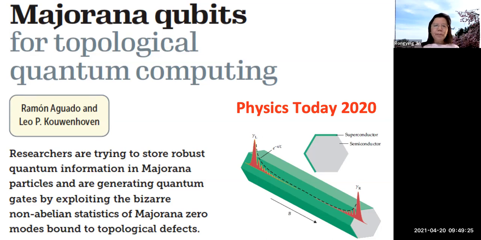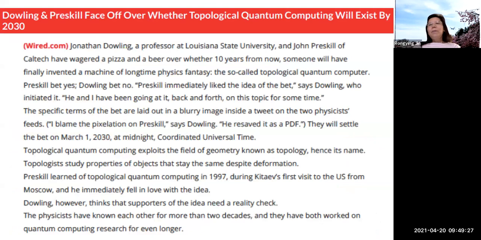So with that, I'm aware of this bet. Not long ago, sadly, our colleague is gone, but we hope someday, in 10 years, or 9 years now, there is some answer to this. So the major bet is whether topological quantum computing will exist by the year 2030.